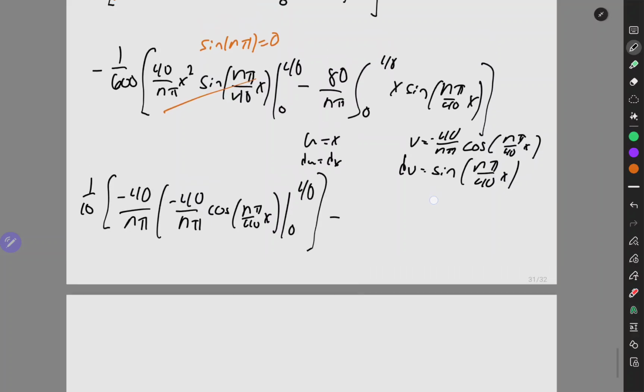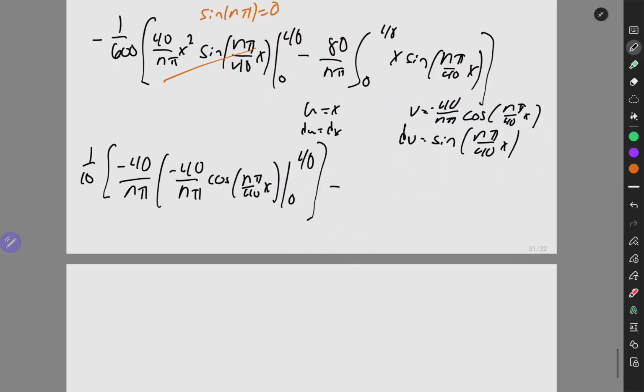Because we still have that negative 1 over 600 times that, so it's still going to be plus. Oh, that's an ugly number. I'm not going to be able to fit this all on this end, or am I? Okay. This is kind of cluttered, I'm sorry.